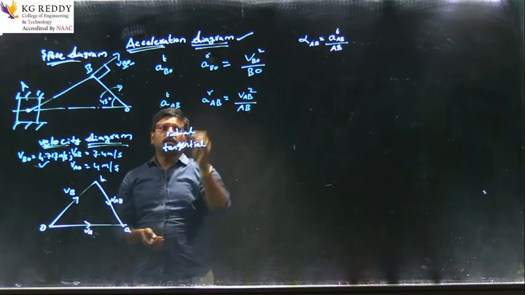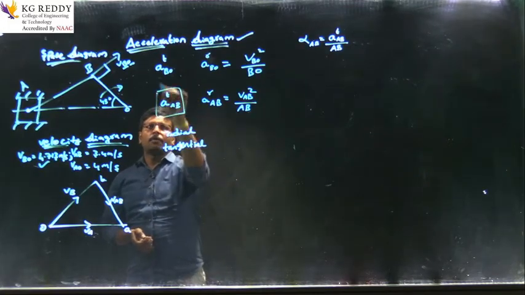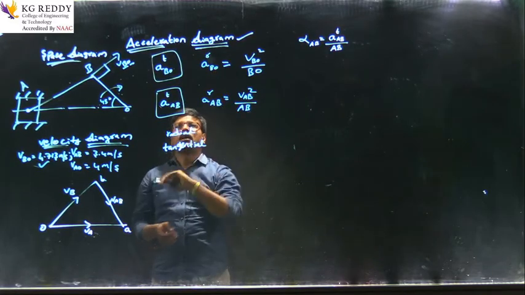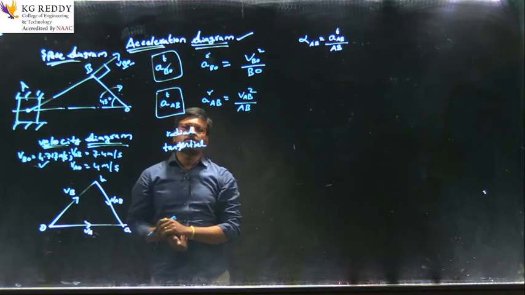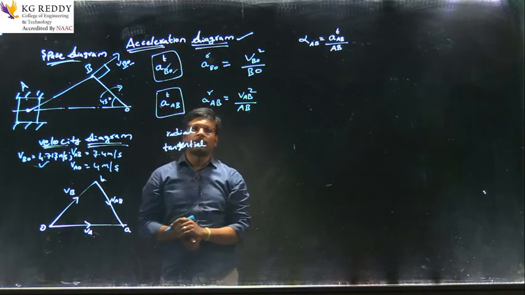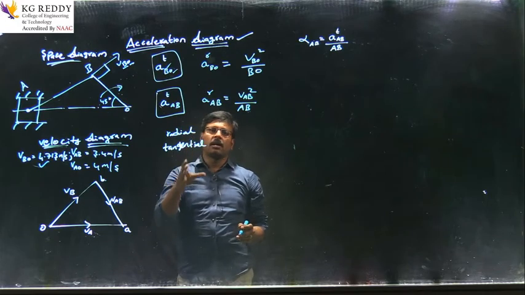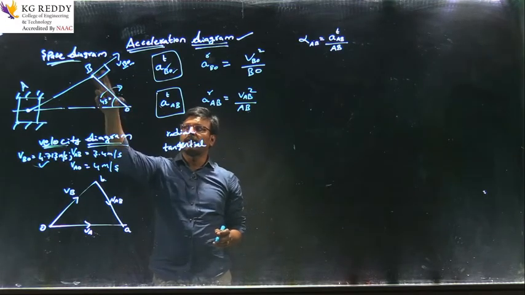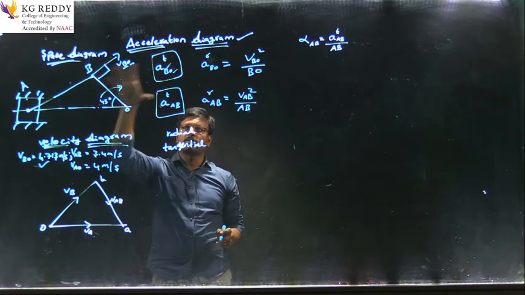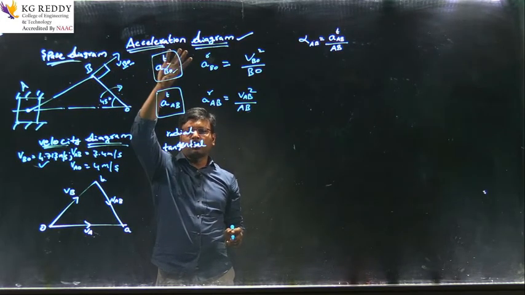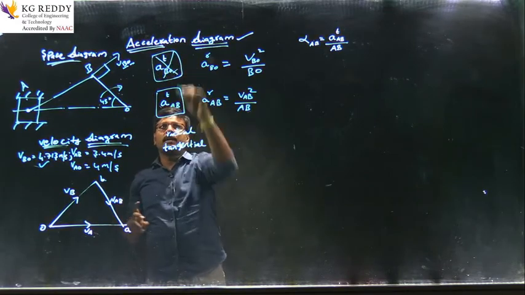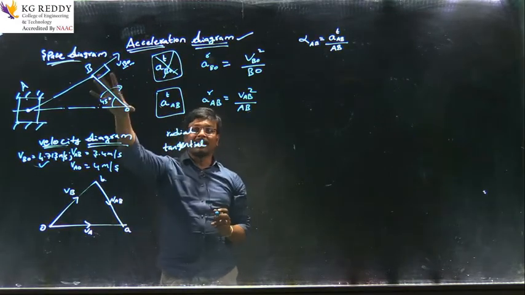These are the components which we will get from the diagram. But the acceleration of B with respect to O we are not taking here, because BO rotates with constant angular velocity, so we are not finding it for the particular link BO.